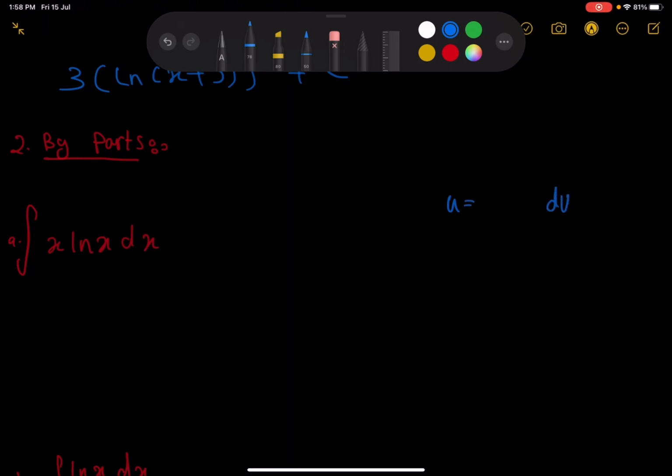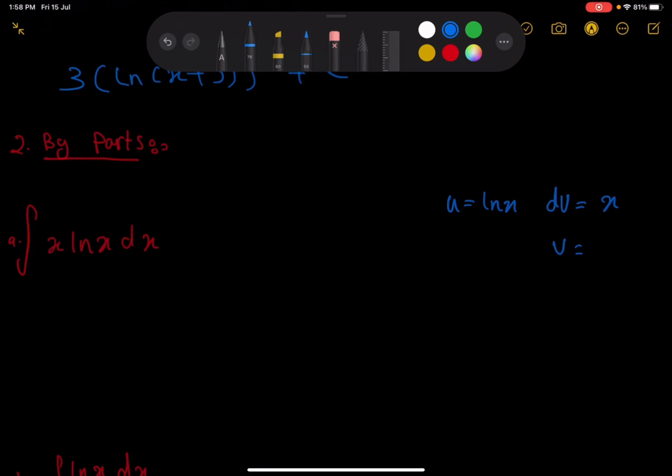So u is just similar to what we did in the integration using substitution, and I'm gonna choose ln x. However, dv means that x is the derivative, and when I need to find v, I need to find the integration of x.